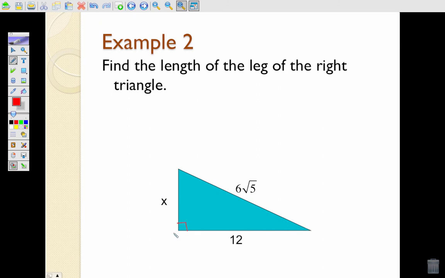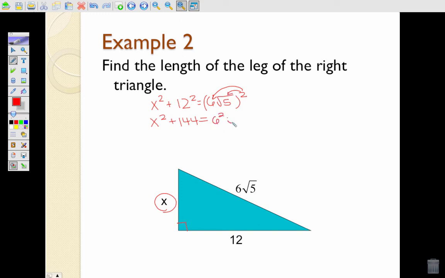Example 2. This time, we are looking for one of the legs of the triangle, so we'll let that be a. And remember, when we square c, we have to square the whole thing. So we talked about that a couple days ago. So x squared plus 144 equals, and remember this squared has to go to each part of what's in parentheses.